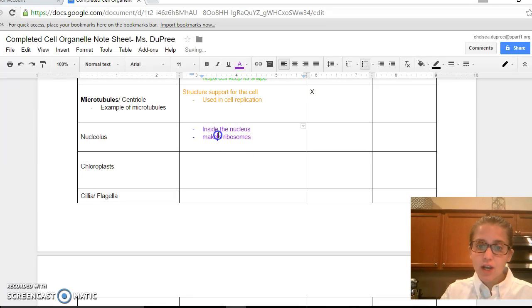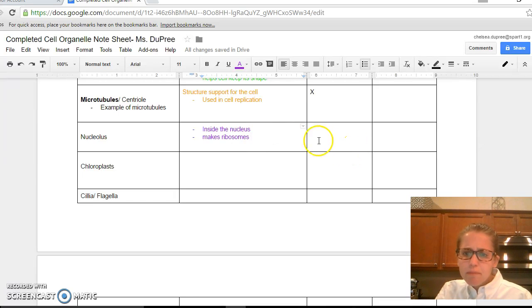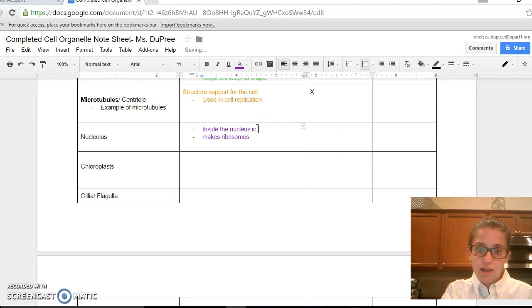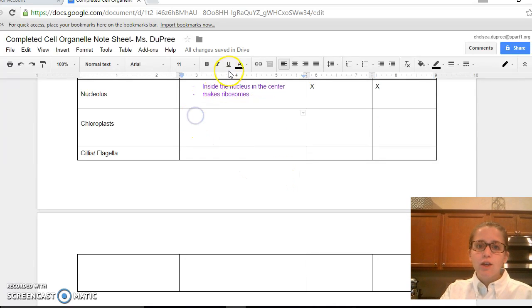Go ahead and type that in there. He makes ribosomes. So he has a really important job. He's found in the center of the nucleus, and he is found in plant cells and animal cells because they both have a nucleus.